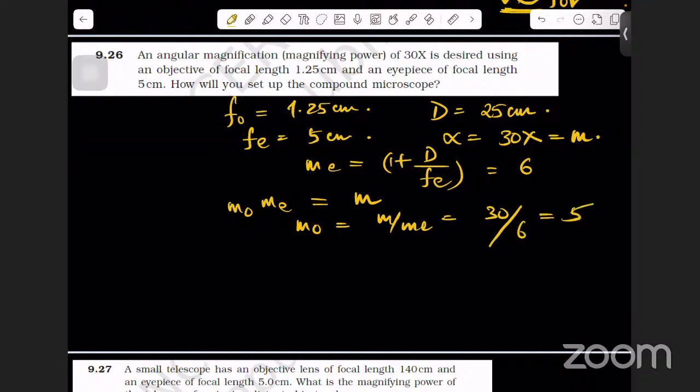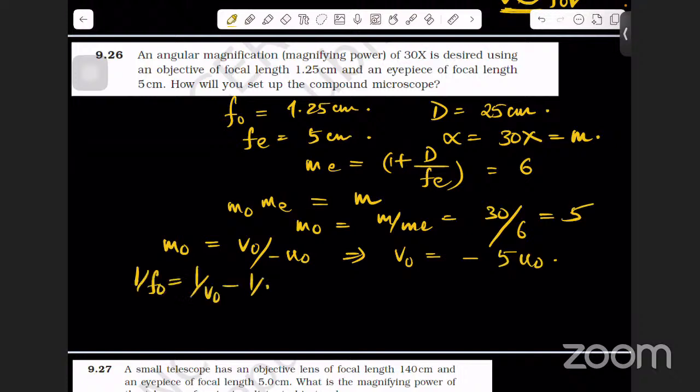Now we also know that this m naught is equal to v naught upon the object distance, right? So that implies v naught is minus 5 times u naught. Now I thought minus 1 by u naught. So from that, you get your u naught as minus 1.5 centimeters.